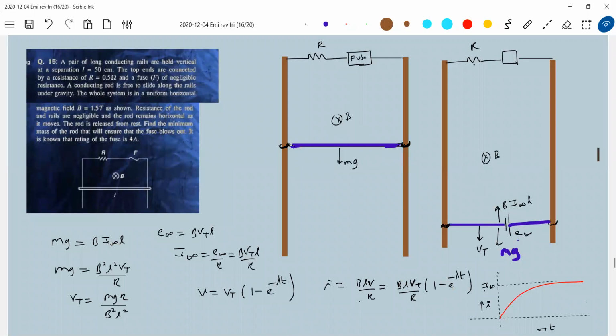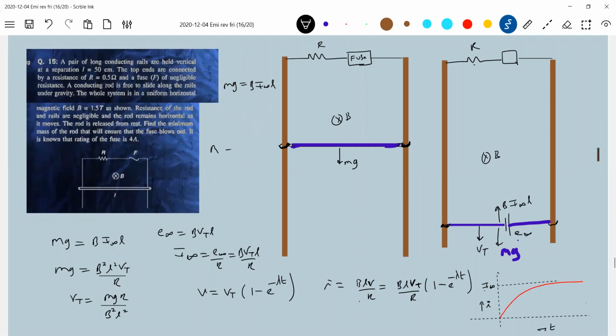So I'll get into the question. So mg equal to BI infinity L. So what is I infinity? I think we have the equation here. I think I'm messing up.